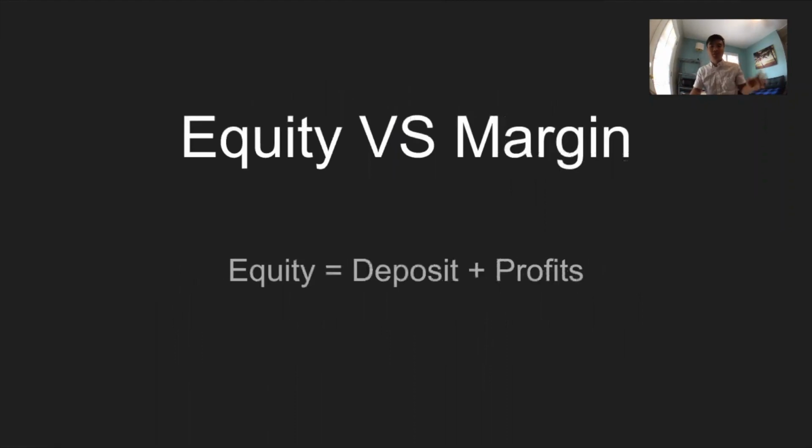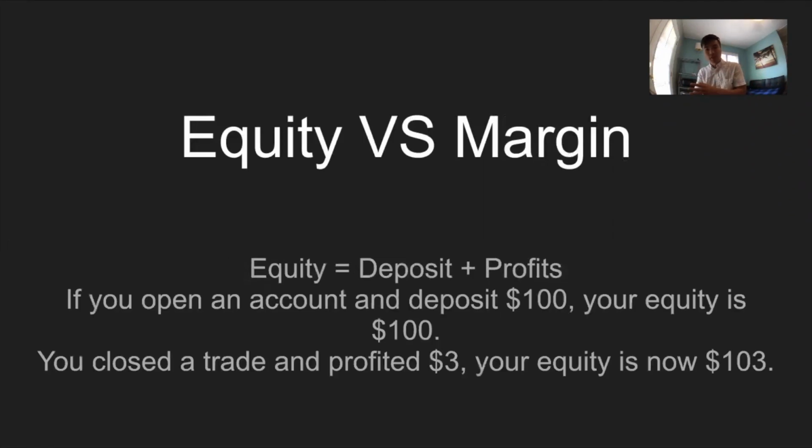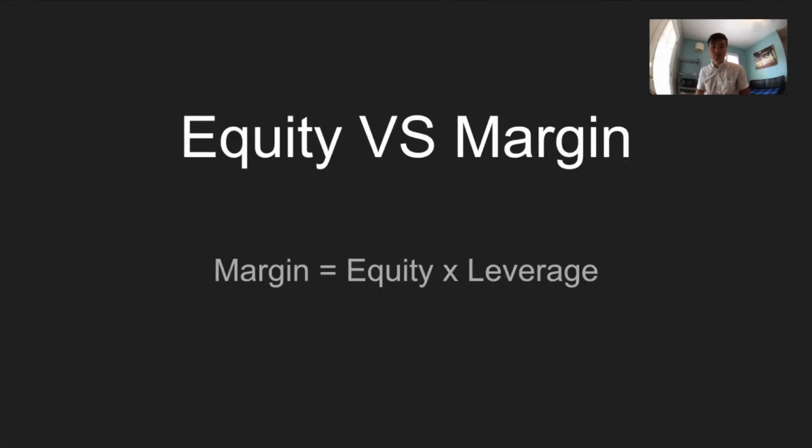All right, so let's talk about your equity versus your margin. Your equity is your deposit plus your profits. So if you open up an account and you deposit $100, your equity is now $100. Now let's say you close a trade and you profited $3, your equity is now $103. Your margin is a little different.